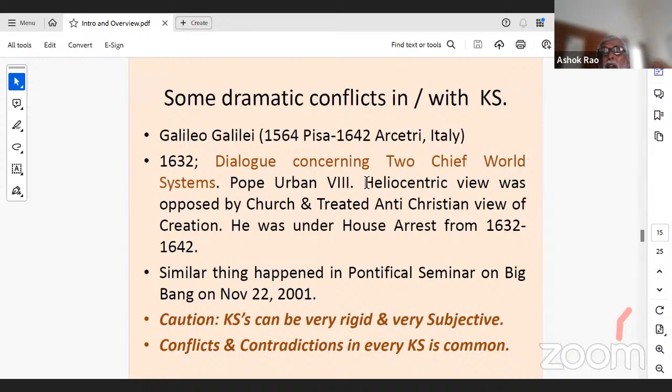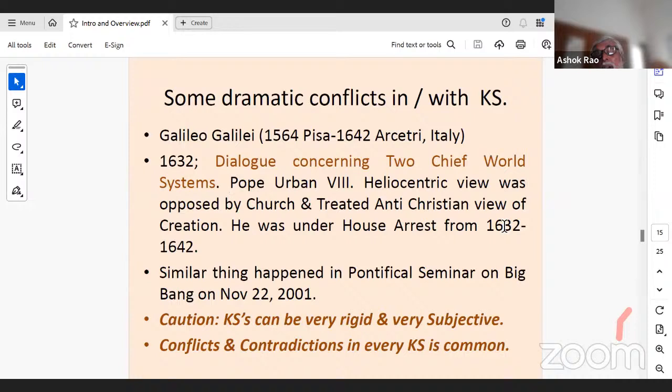And they had a view. In fact, the Bible says Earth is the center and even the Sun revolves around it. So when he presented the opposite view, it was opposed by the church and treated as an anti-Christian view of the creation.